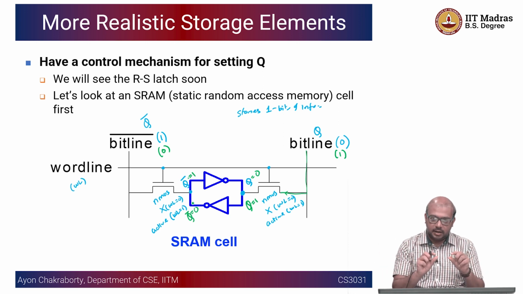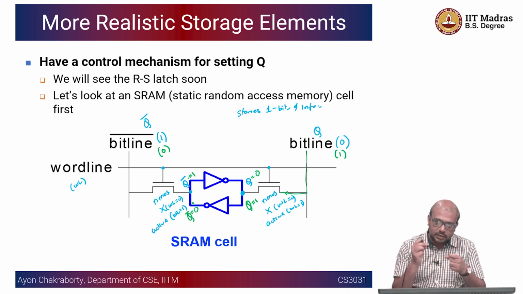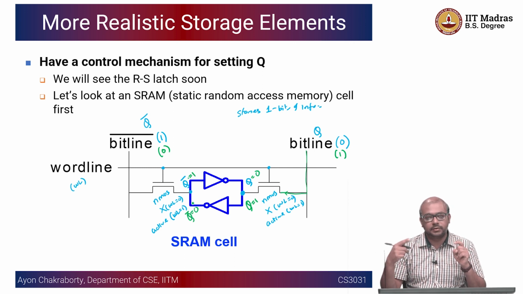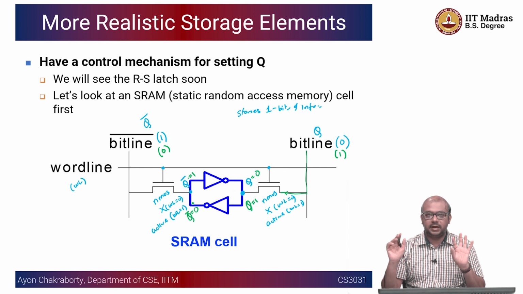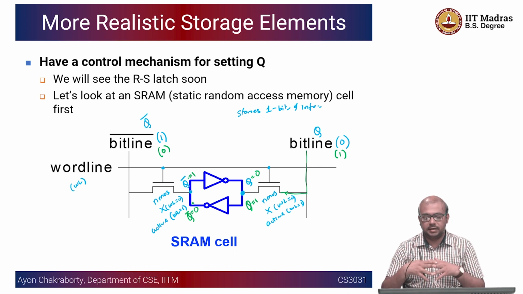But this is a specific example where I can show that using these cross-coupled inverters, you can actually store a bit. And not only store, I can retrieve the bit, I can also write the bit. Okay. So this is something that you should keep in your mind, that the cross-coupled inverters could be used in this following fashion to store, read, write bits.